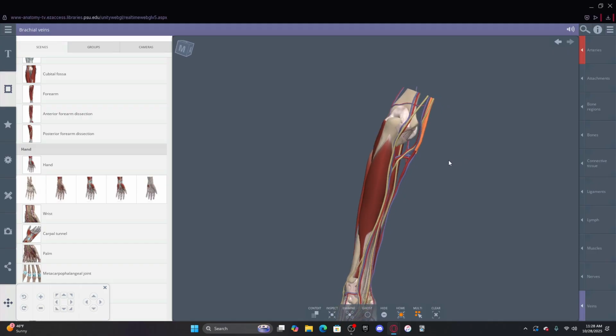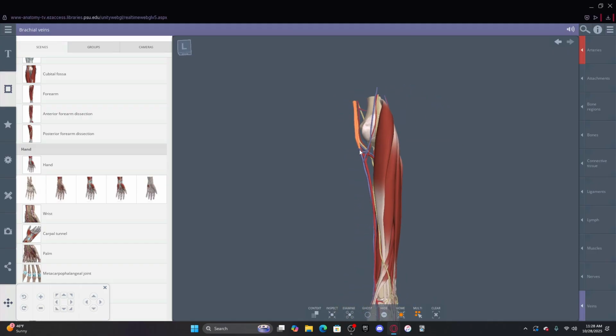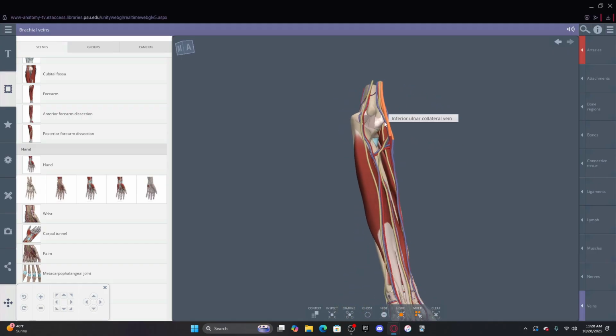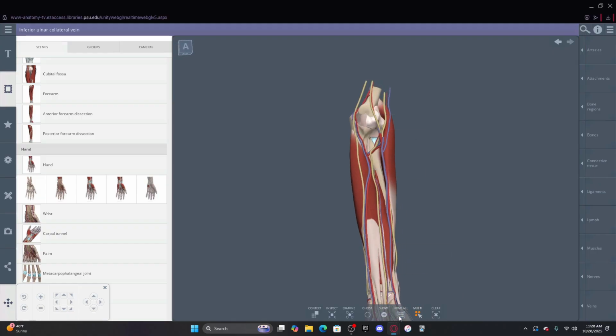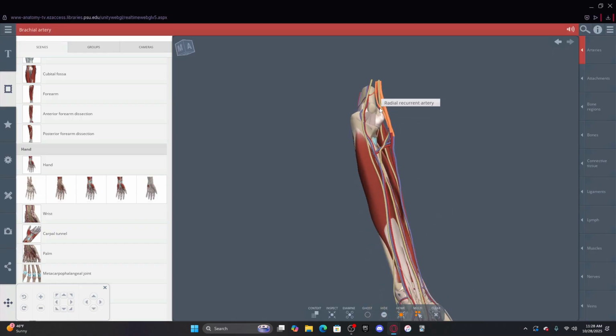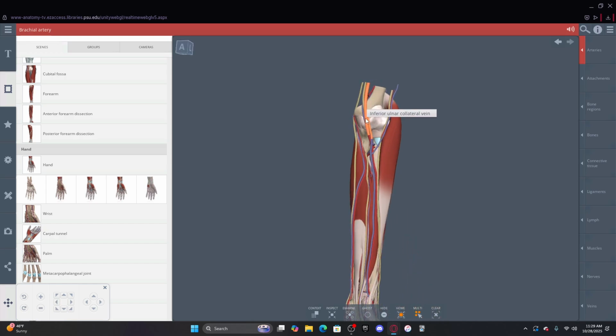So we have the brachial artery and the brachial vein. You don't need to know these other structures. Just worry about the brachial artery and the brachial vein.